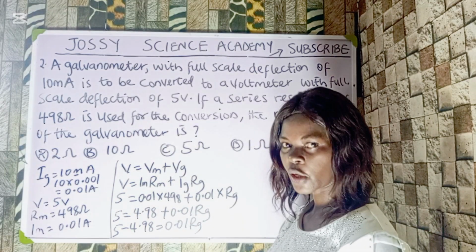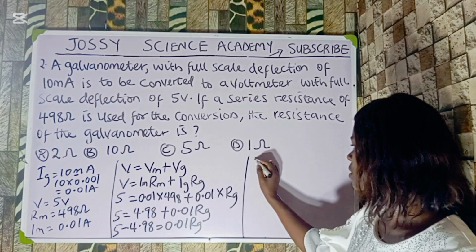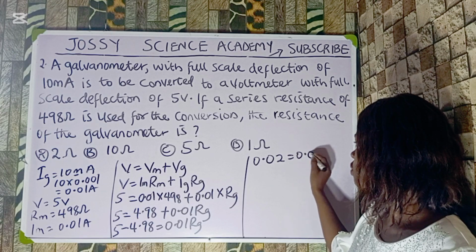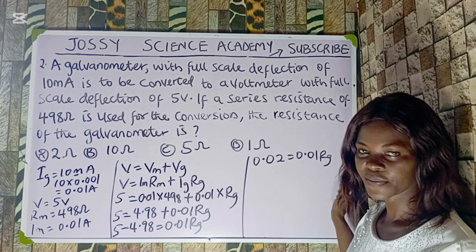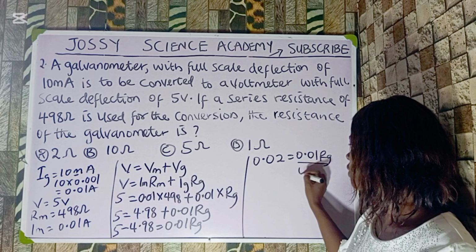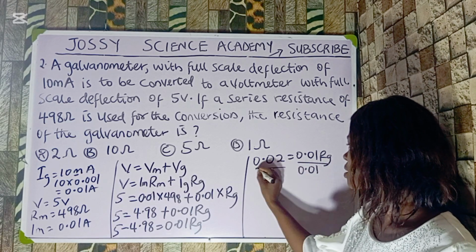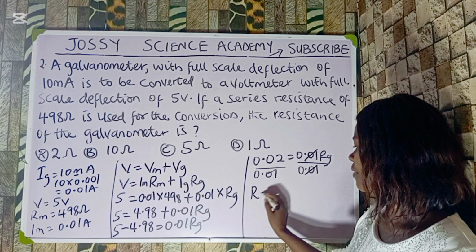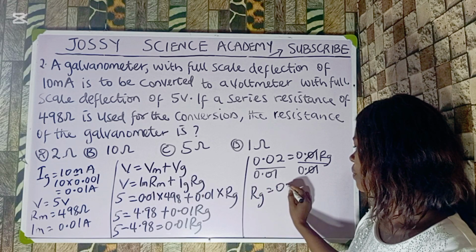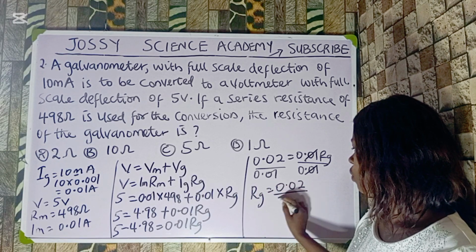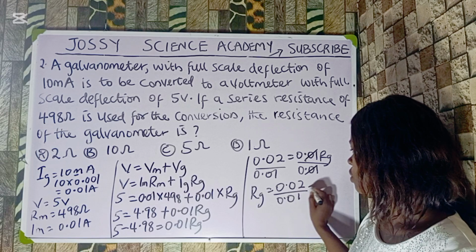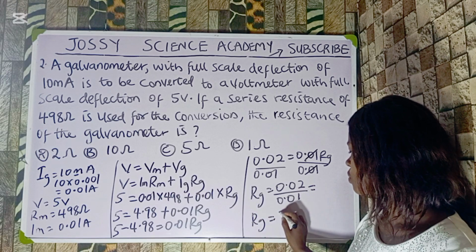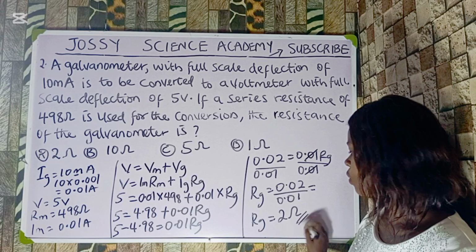Now if you subtract, you're going to get 0.02 is equal to 0.01 Rg. Let's divide both sides by the coefficient of Rg. This cancels this, and I have that Rg is equal to 0.02 over 0.01, which is going to give me Rg is equal to 2 ohms.